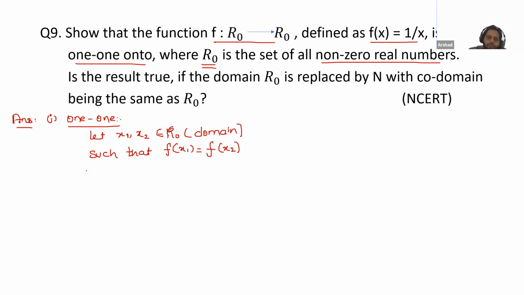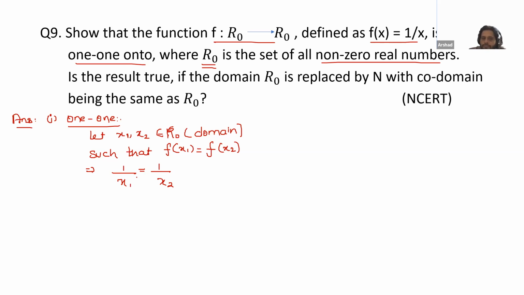Now what is meant by f(x1)? f(x1) is 1/x1 is equal to 1/x2. Please check here. The set which is given is non-zero real numbers, that is, 0 is not included here. In the denominator we should never have a 0. So this is correct because in the set we don't have any 0.